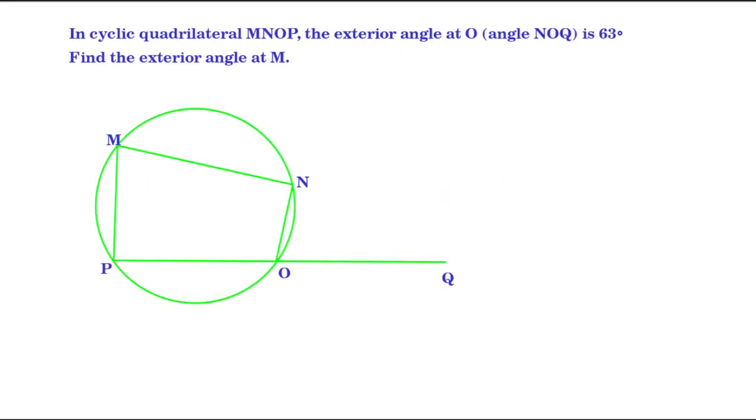Example number 2. In a cyclic quadrilateral MNOPQ, the exterior angle at O, that's angle NOQ, is 63 degrees. You've got 63 here.